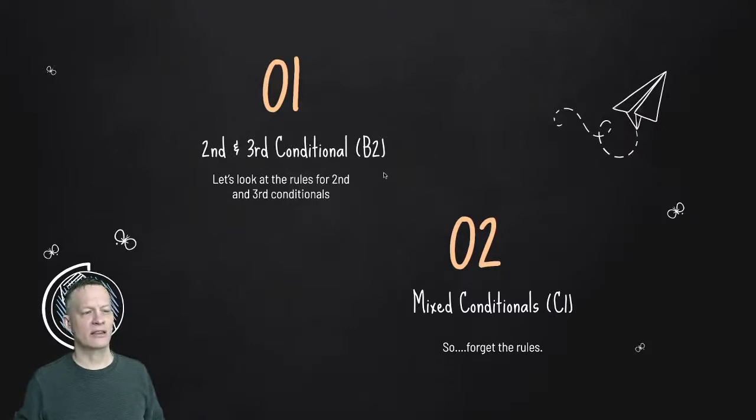So have a look here. We're going to do the second and third conditional, B2, and then we'll look at the rules for those. Very easy. So this might be a review for Isabel, Irene, and anybody studying for the B2. Hello, Alejandro. And then we're going to go to the mixed conditionals. And like I said, forget the rules. They teach you to remember the first conditional is with the present simple and will, and the second conditional is with the past simple and would, and the third conditional, gone.